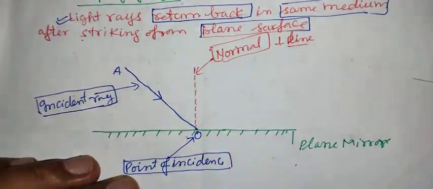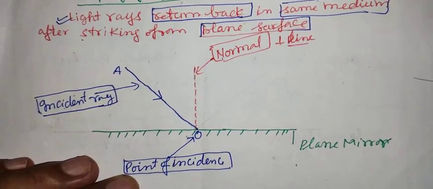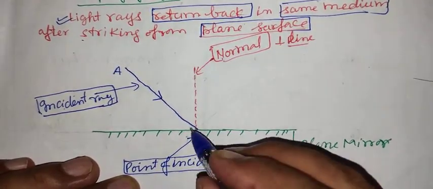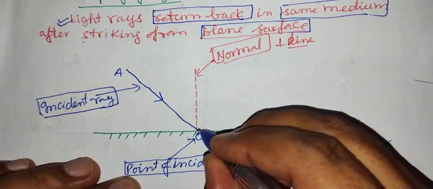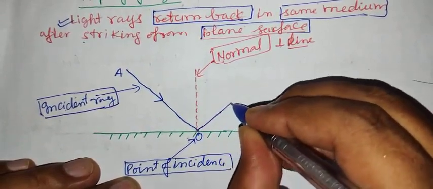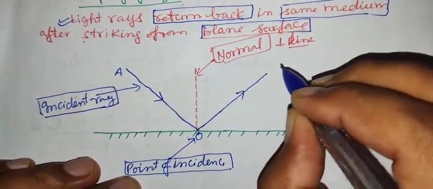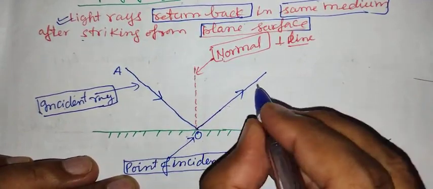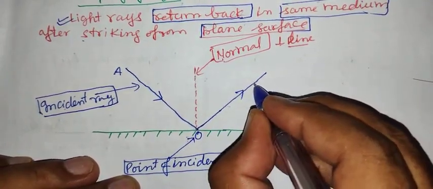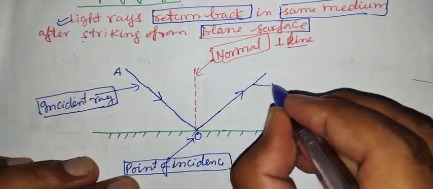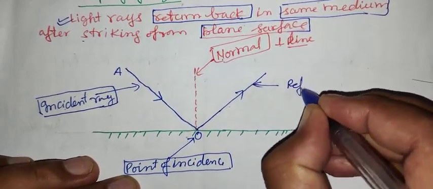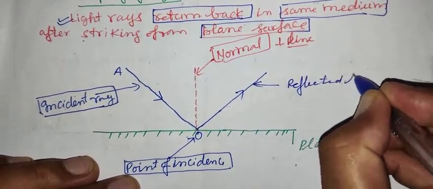This is the symbol of perpendicular. After reflecting, the light is returning back in the same medium. This returning light is known as the reflected light.